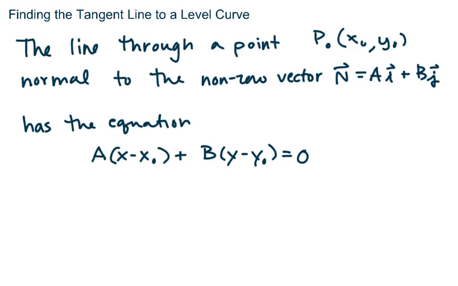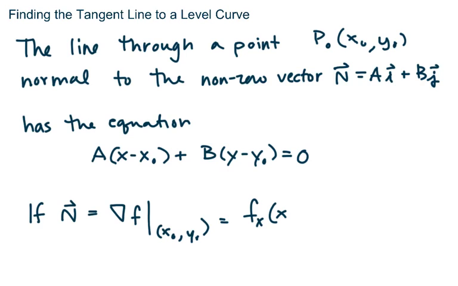And if n equals the gradient of f evaluated at that point, which would mean we have the partial of f with respect to x at that point, plus the partial with respect to y at that point, as long as this is not the zero vector, then this equation gives us the formula for the tangent line.